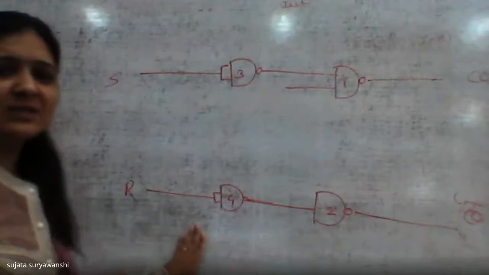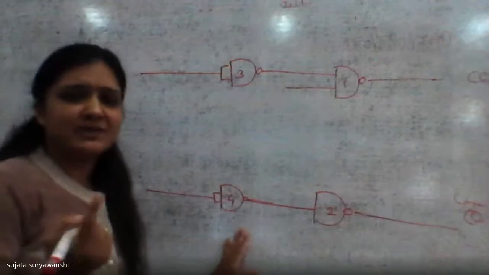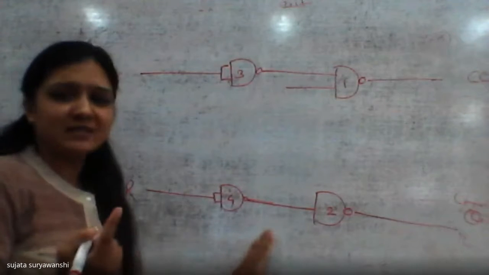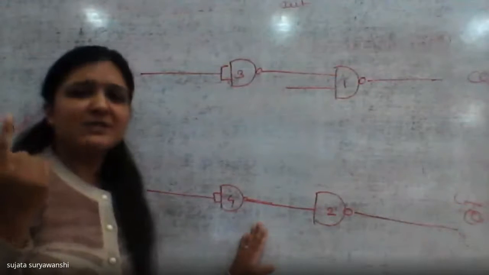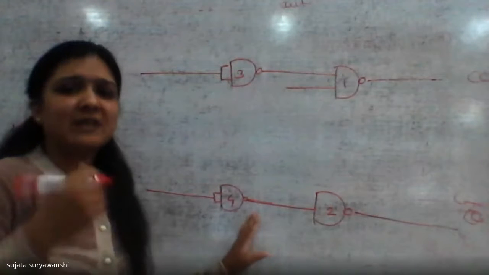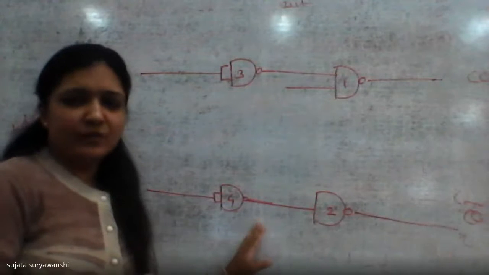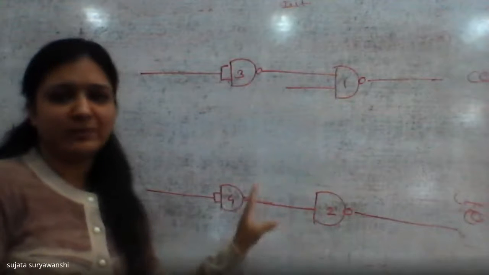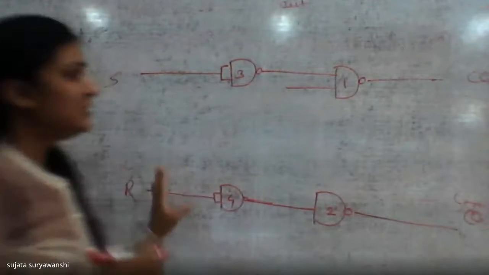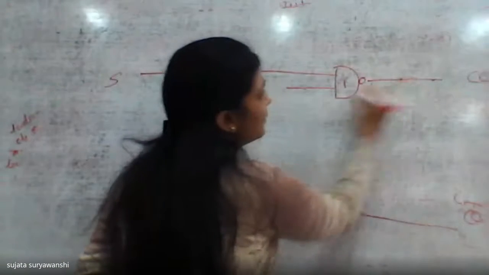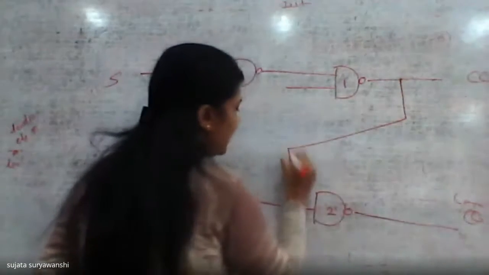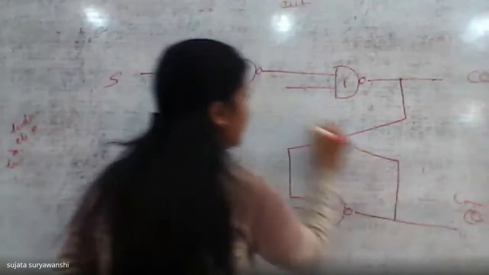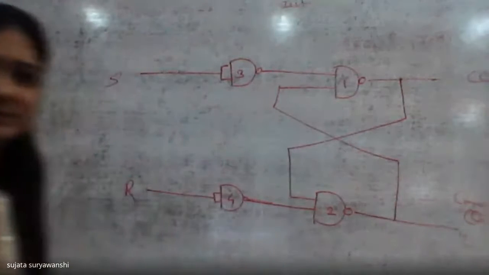The drawback of the previous cross-coupled structure is overcome by this circuit. In the previous structure we can't store the desired data; suppose 0 is stored, then that 0 is continuously stored by that circuit. Here, the output of the first NAND gate is given as input of the second NAND gate, and the output of the second NAND gate is given as input to the first NAND gate.